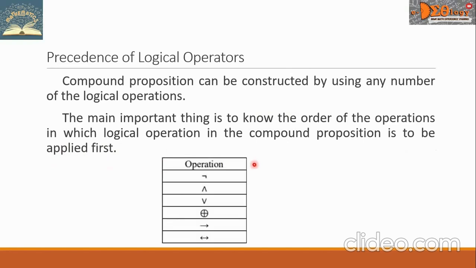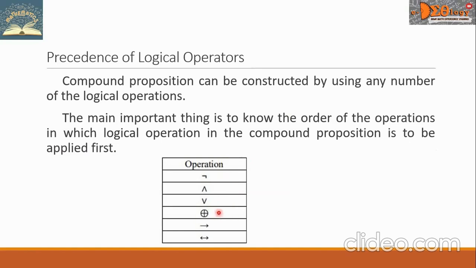Last time we studied the operations. These are the negation operation, which is not. This is the symbol for conjunction operation, and we read this as and. The next is the disjunction operation. We read this as or.